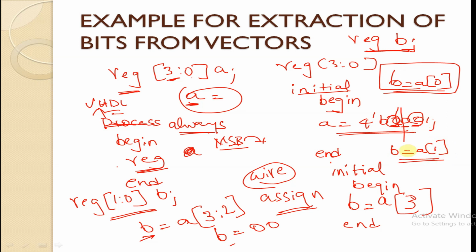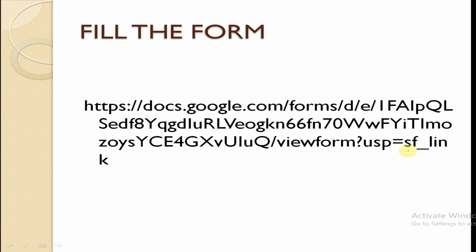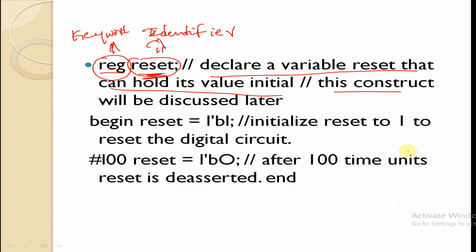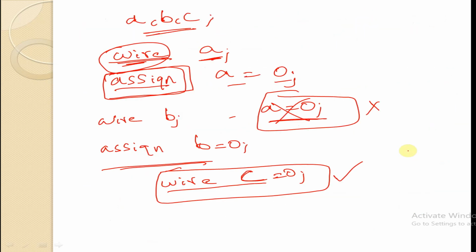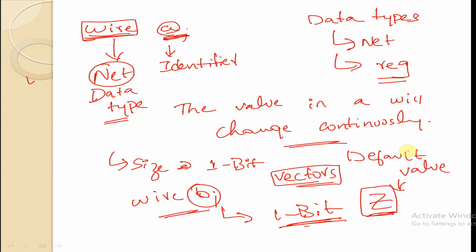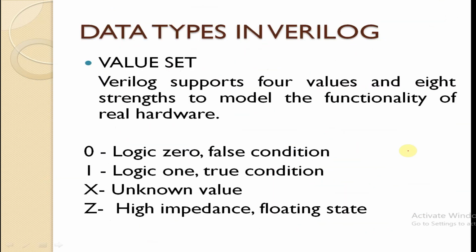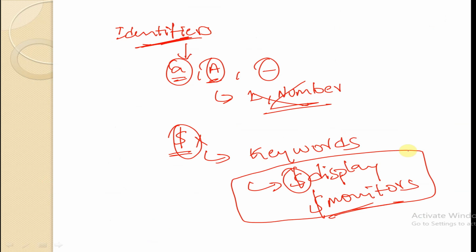Like this we can extract bits from any position in the vectors. So this is all about the data types, vectors, registers, wires in Verilog. Hope you all understood these concepts, and if you have any doubts, you can ask me. I will try to clarify. So that's about today's session.